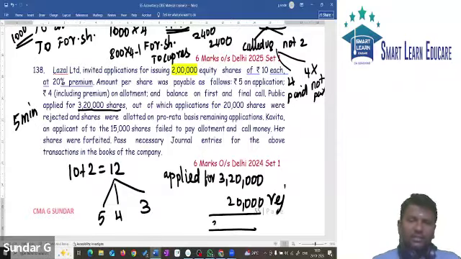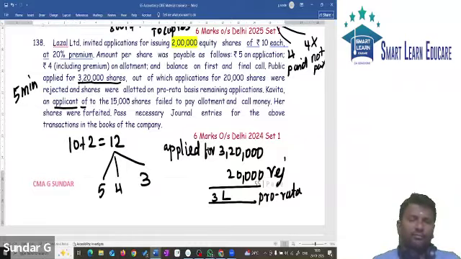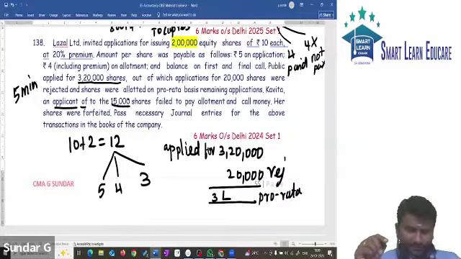It means the balance is 3 lakh. On this 3 lakh, pro rata allotment is made. Kavita, an applicant, applied for 15,000 shares. It doesn't mean that he is allotted 15,000 shares, because in this question we have pro rata allotment.